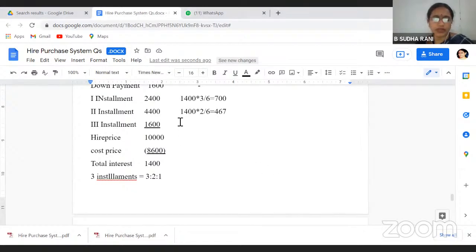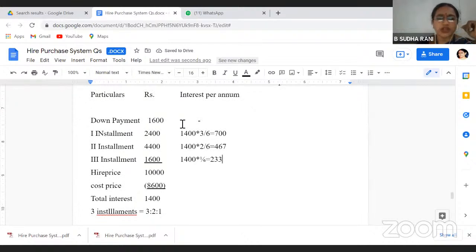Third year installment again: total interest amount into the weight 1 by 6, that is 1,400 divided by 6. How much are you getting? 233. Okay, so this is the interest.